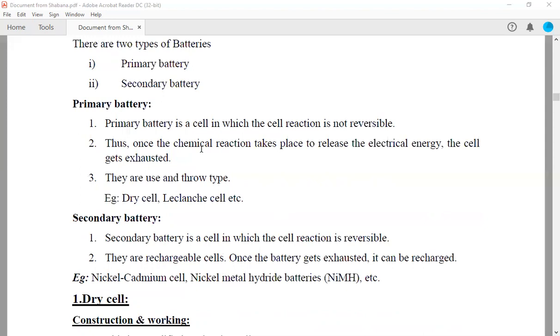Once the chemical reaction takes place to release the electrical energy, the cell gets exhausted and is thrown away. It is a use and throw process. The best example for this is the dry cell, which is also known as the lithium cell.